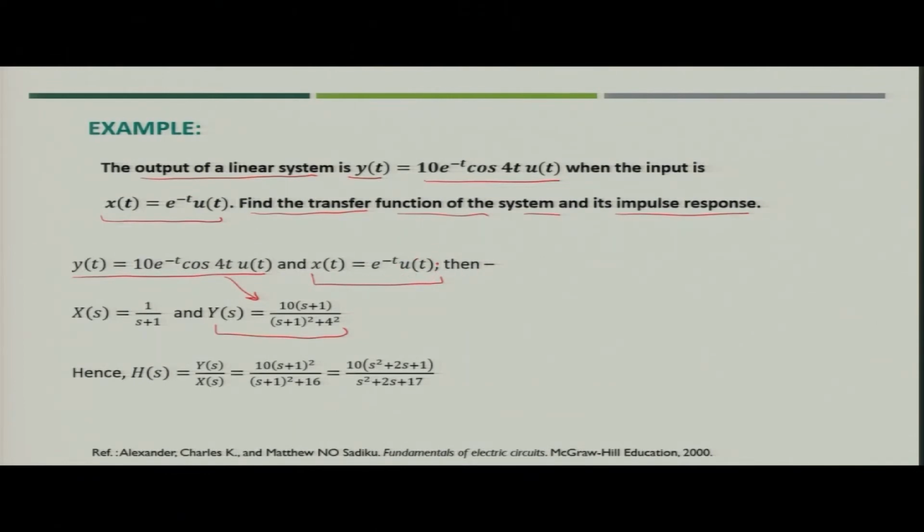The Laplace transform of u(t) is 1/s, and since e^(-t) is attached to the unit step function, this becomes 1/(s+1). Now, since H(s) is equal to Y(s) upon X(s), you put Y(s) in the numerator and X(s) in the denominator, and when you simplify, you get 10 (s^2 + 2s + 1) upon (s^2 + 2s + 17).